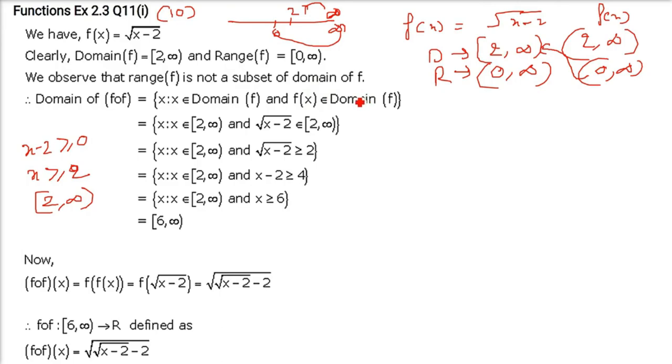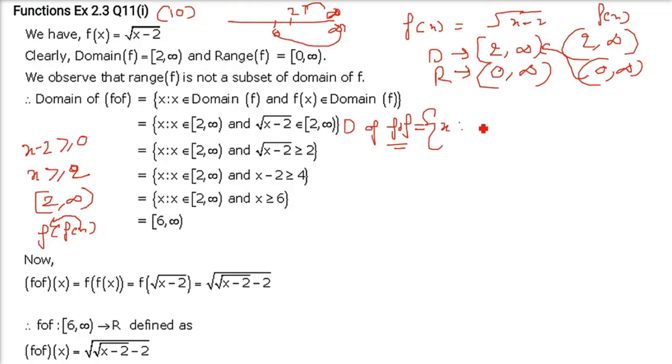So the way I'm going to tell you is, see here. We have to apply all the 4 parts. How do we write the domain of fof? The domain of f we have already found out. Now the domain of fof, f of f(x): f(x) will go inside f(x), as the x for another f.